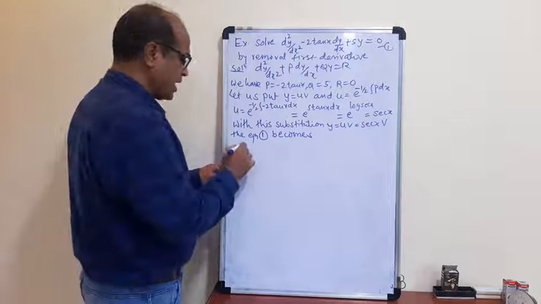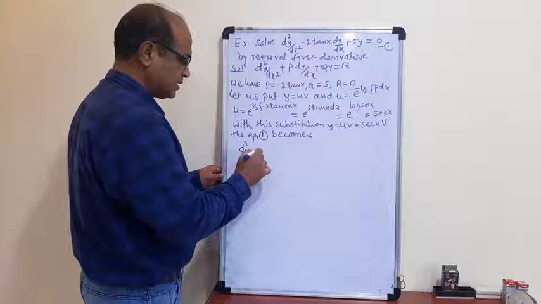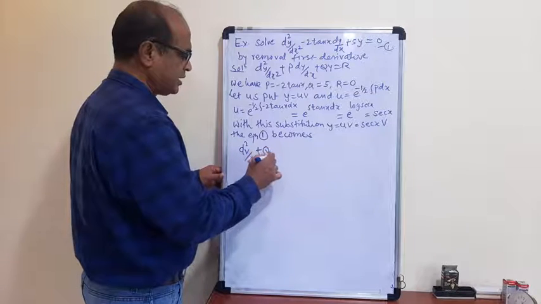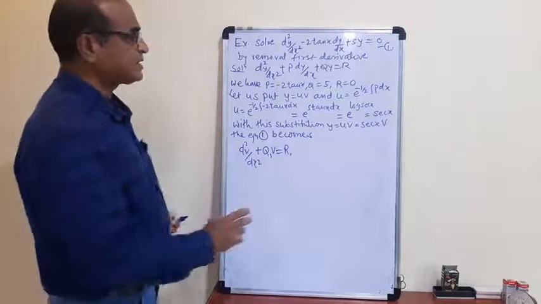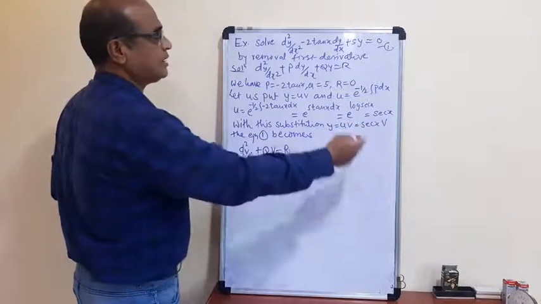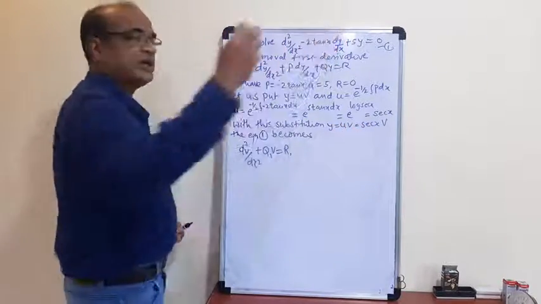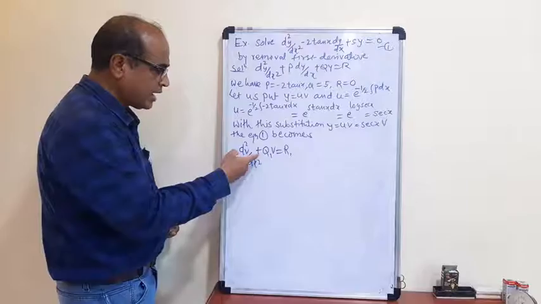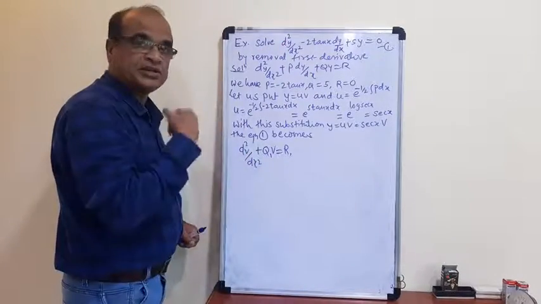d2v by dx square plus q1 v is equal to r1. By substitution of y is equal to sec x v, that is uv, in this equation, the first derivative is removed and the dependent variable y gets changed.